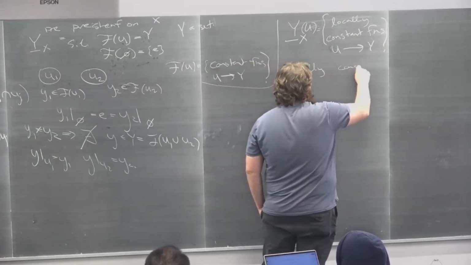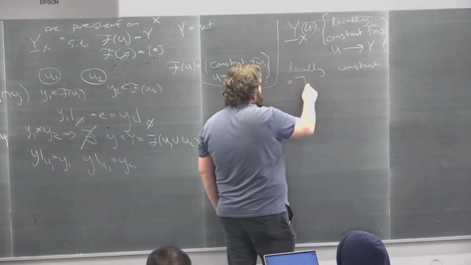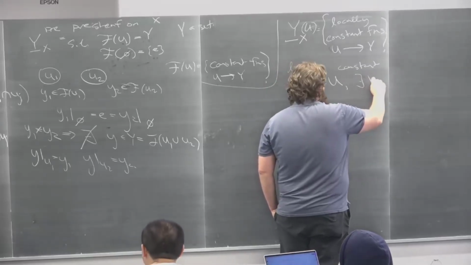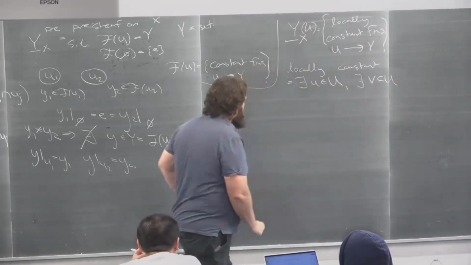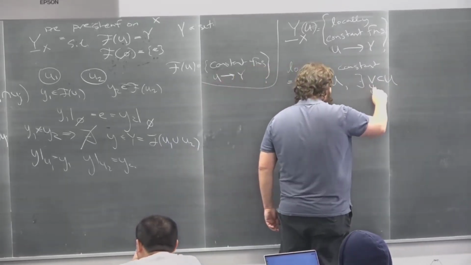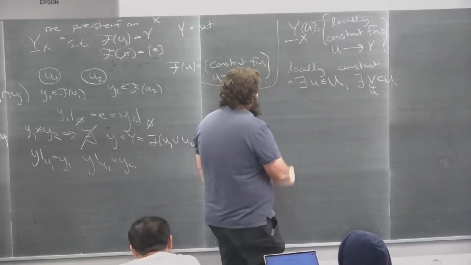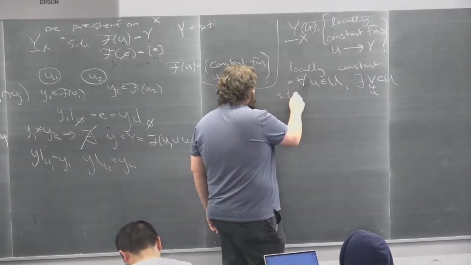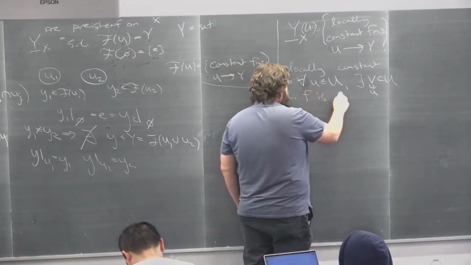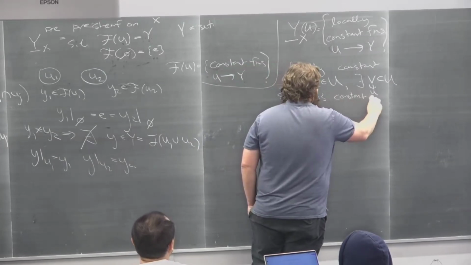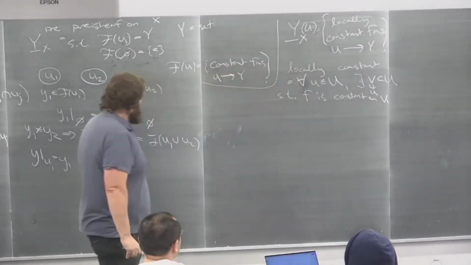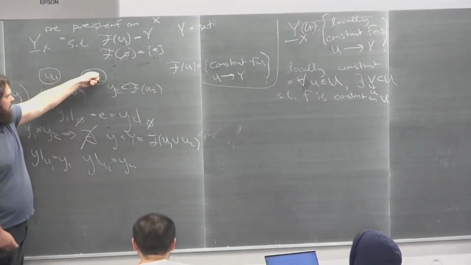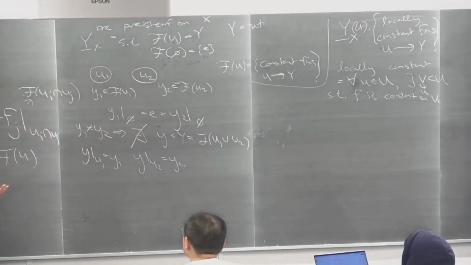Locally constant means for all elements u of U, there exists a smaller neighborhood V in U, which contains this point little u, such that the function is constant on V. So for example, here, the function that sends all the points in U1 to Y1 and all the points in U2 to Y2 is locally constant.